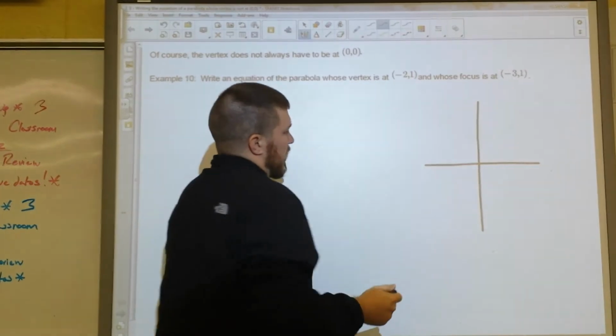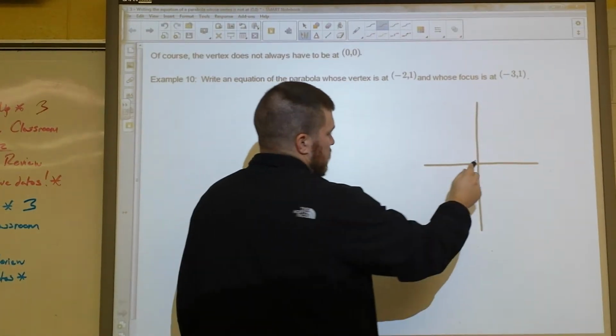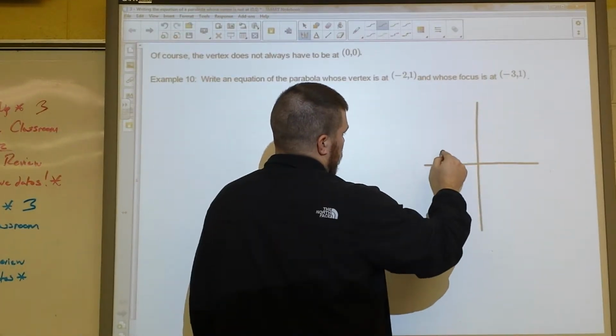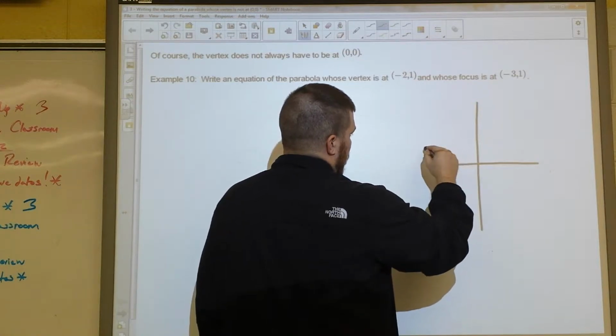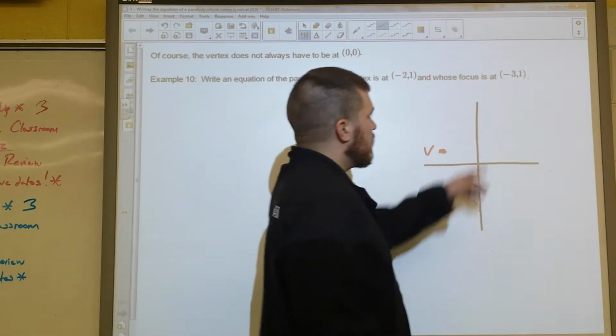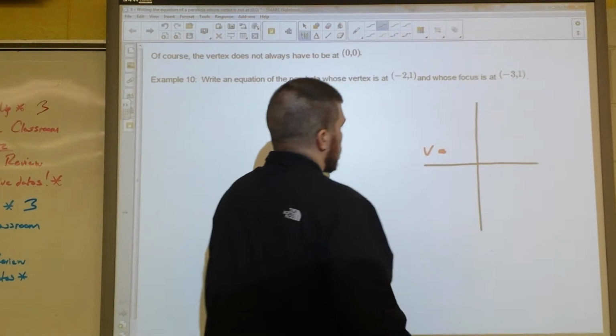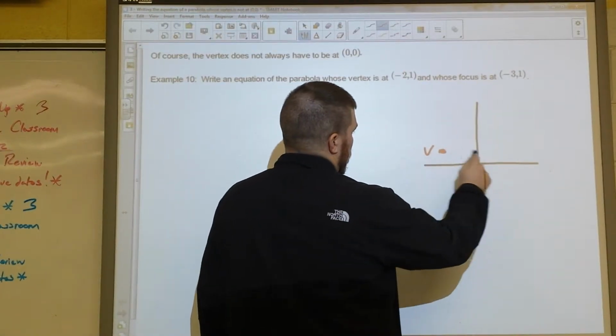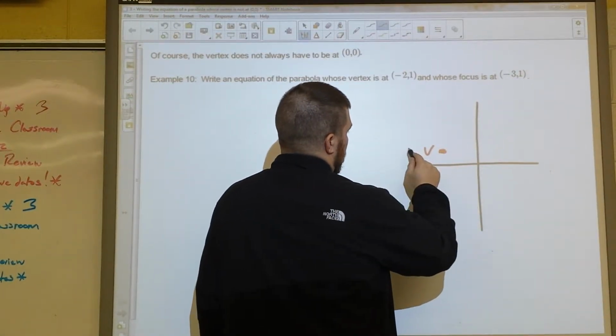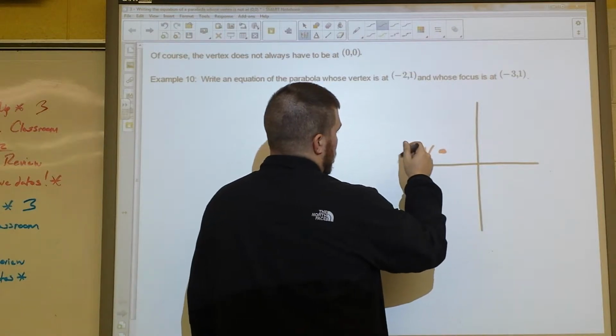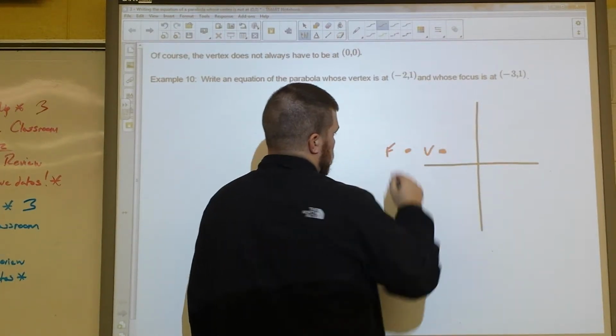Alright, so my vertex, let's plot that first. So -2 tells me to go 2 units to the left and 1 unit up. So my vertex is going to live roughly here. And my focus tells me to go -3, 1. So if this is -2, 1, then -3, 1 is going to be somewhere here. Again, it's just a rough sketch.